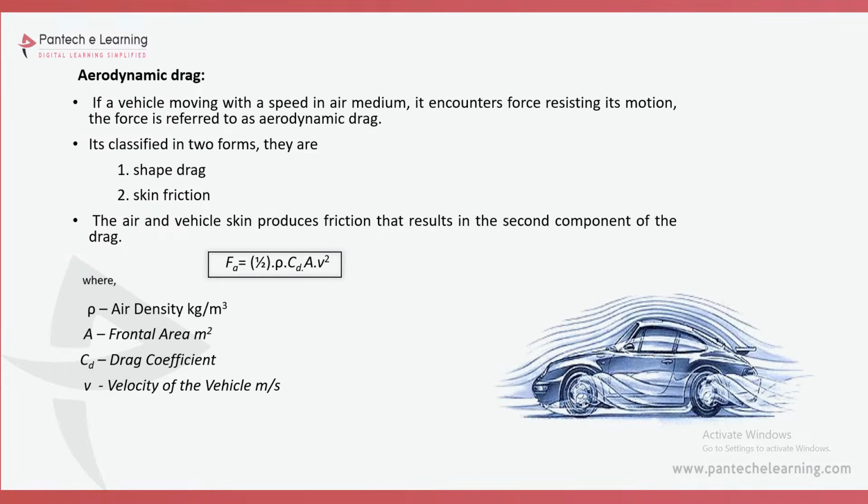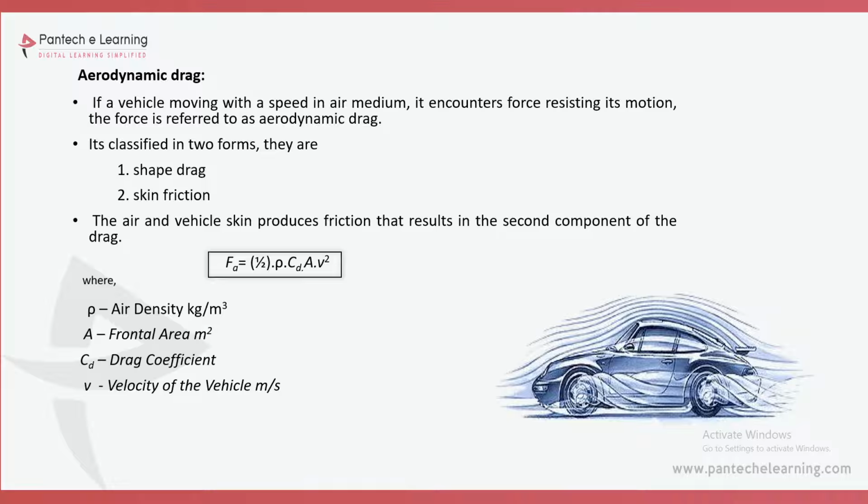Okay, so next one is aerodynamic drag. When a vehicle moves in an air medium, the force that opposes the motion is referred to as aerodynamic drag. It is classified into two forms: shape drag and skin friction.